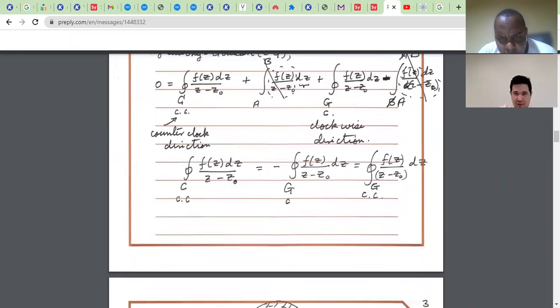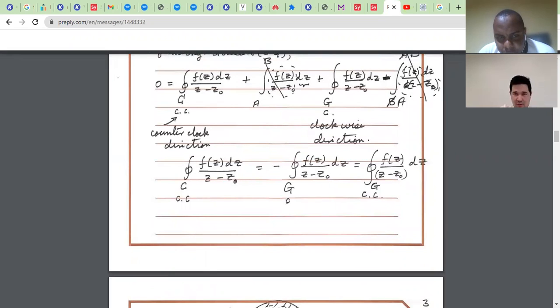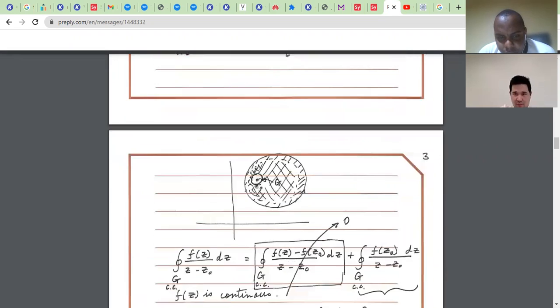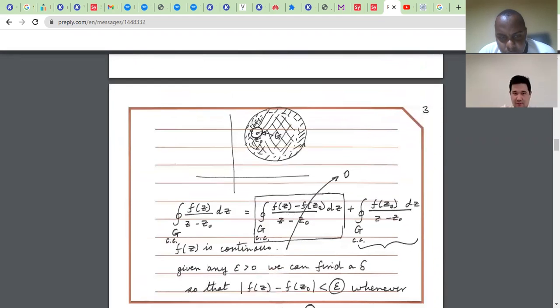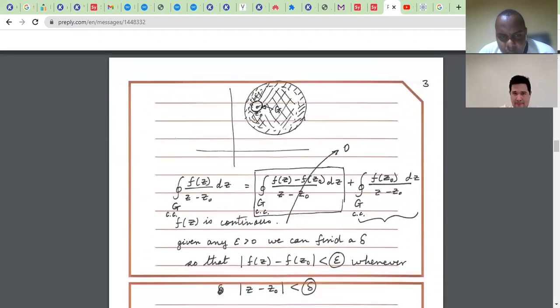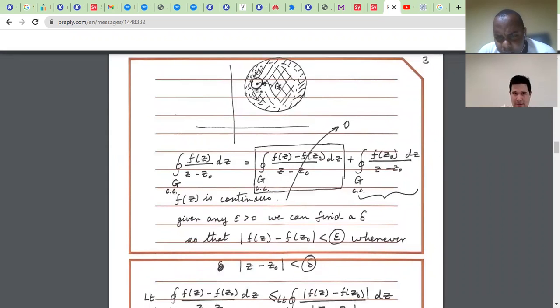It depends on direction. The same curve in another direction will give a different sign, plus and minus. So this integral goes to 0, but this one does not go to 0.